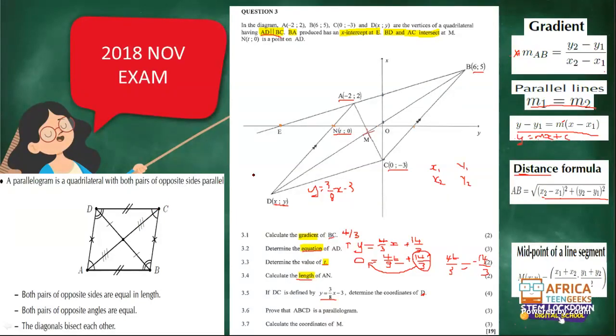So you're given the line DC, and you are supposed to calculate the coordinates. Okay, so what do you think would be the coordinates of point C?